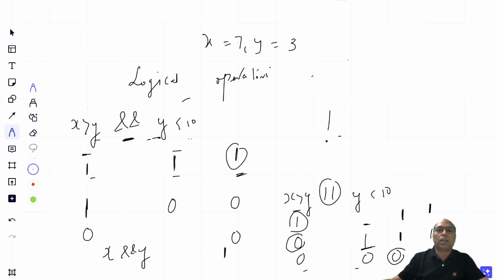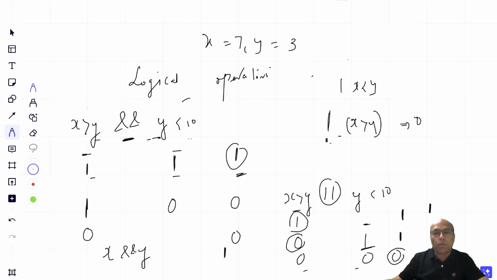The NOT operator will convert non-zero to 0 and 0 to 1. What do I mean by this? Non-zero to 0. I have written like this: x is greater than y is 1. NOT will make it 0. If I write x is less than y, it is going to give me 0.